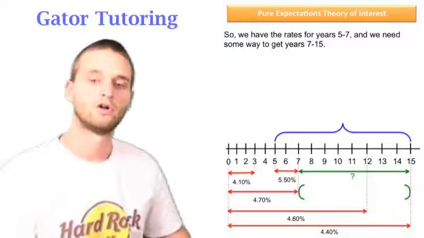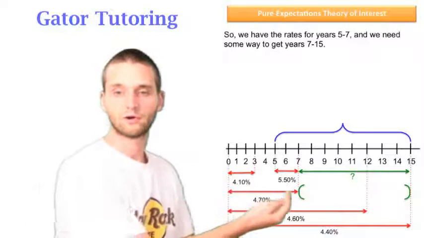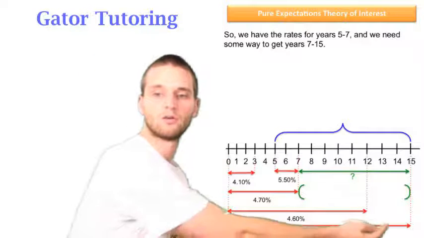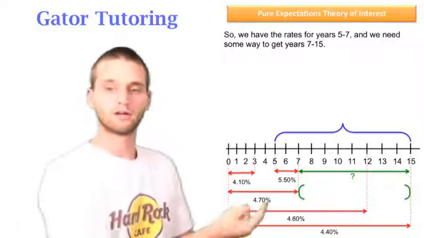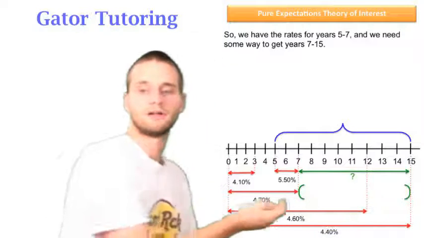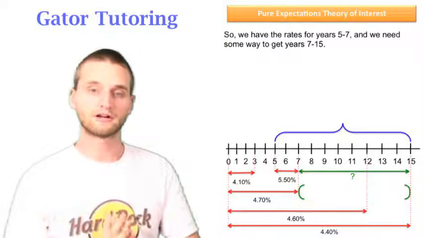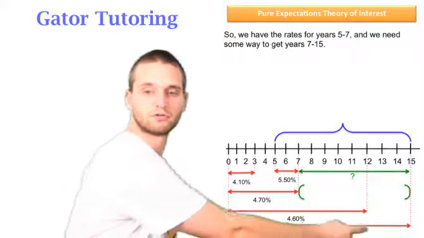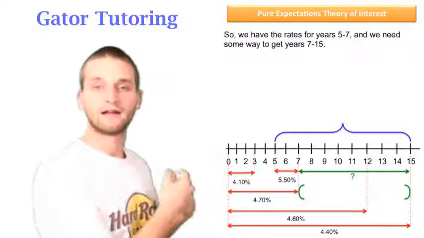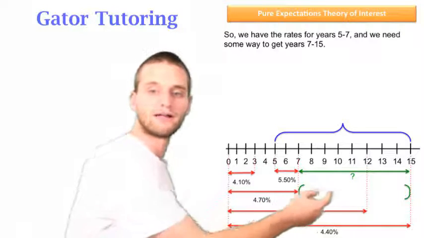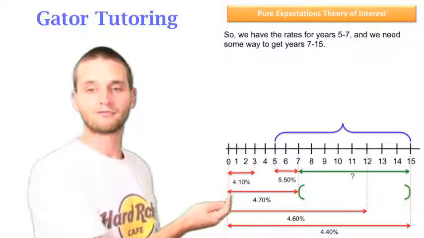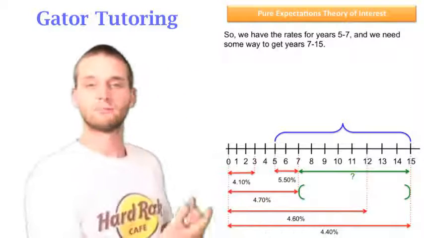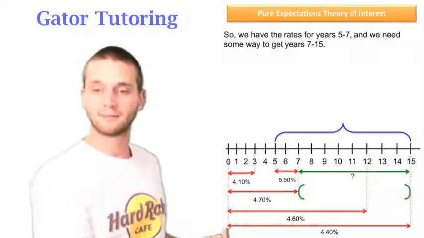Well, notice we have the rate starting from 0 and going up to 7. We also have the rate starting from 0 and going all the way to 15. We're looking for this chunk in between, and because of pure expectations, we can punch it out and use the average of this rate to imply what the rate would be right here, so that getting a bond from 0 to 7 and then a bond from 7 to 15 will give us the same total return as getting a bond from 0 to 15.